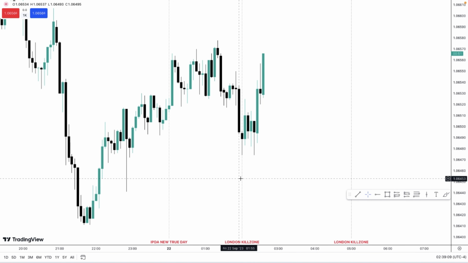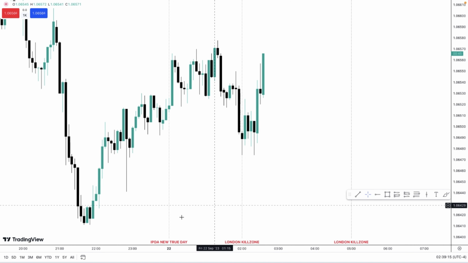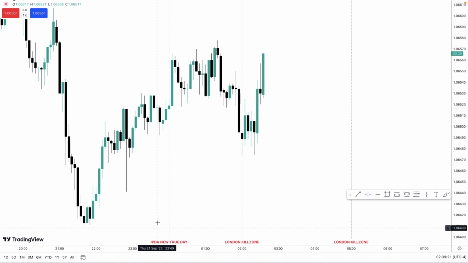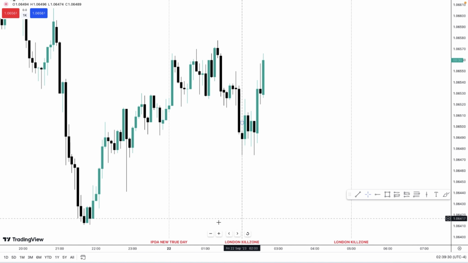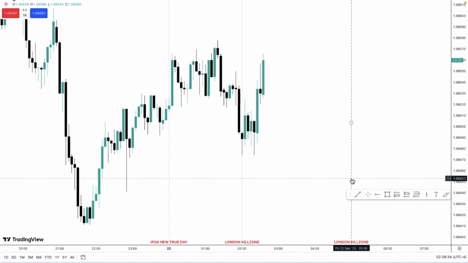So in this 3-hour period of time, you're looking for IPTA, the algorithm, to give you an idea of what it's gonna do. Basically looking for a setup to form in between 2 a.m. and 5 a.m.